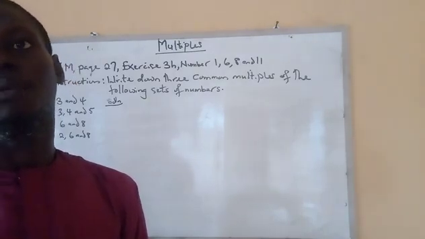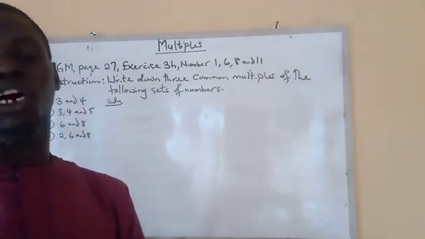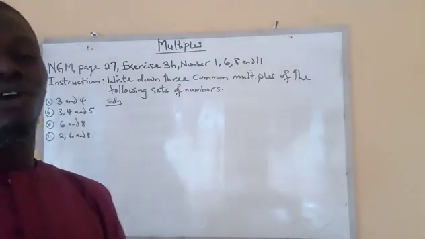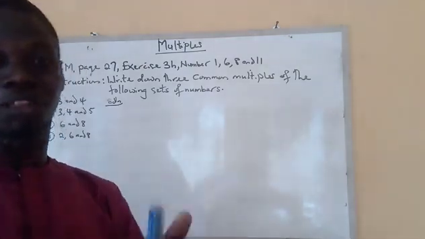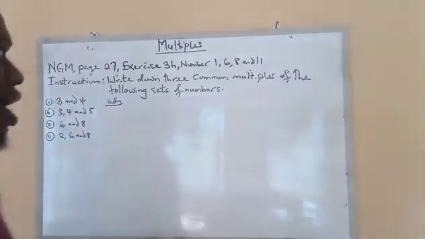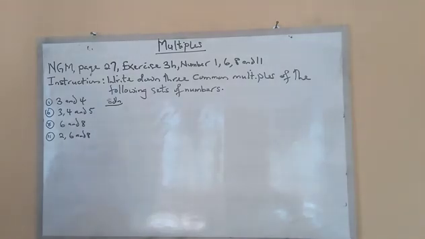There will be a point where the multiples of one number and the other may be the same, may be common. Whenever you have a common number like that, it is called a common multiple of the two numbers. So let's solve this. Maybe that will be clearer.